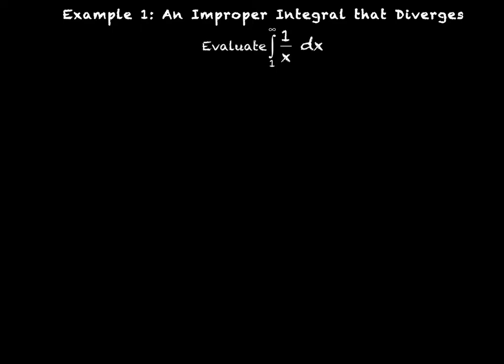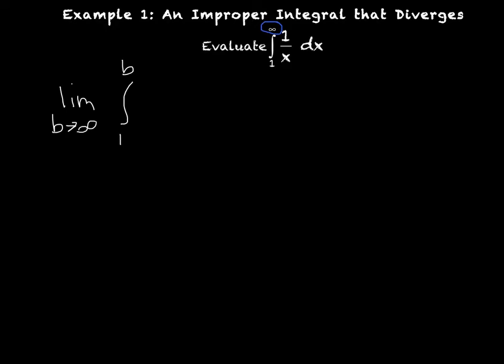All right, here we have the improper integral, and we know it's improper because one of our limits is infinity. So we are going to integrate this function from 1 to the letter b, and then turn this into a limit problem and let the limit as b approaches infinity.